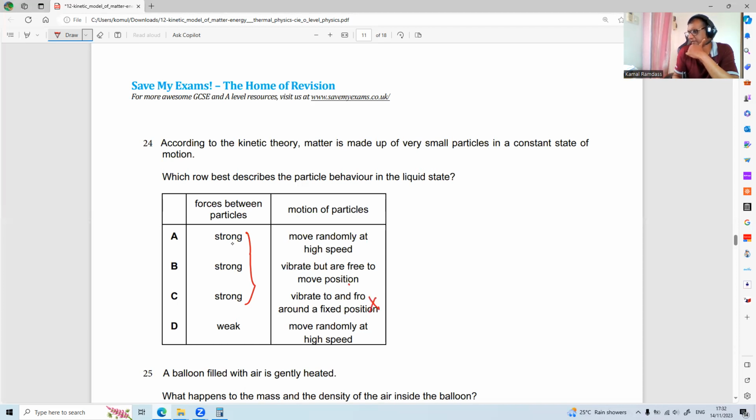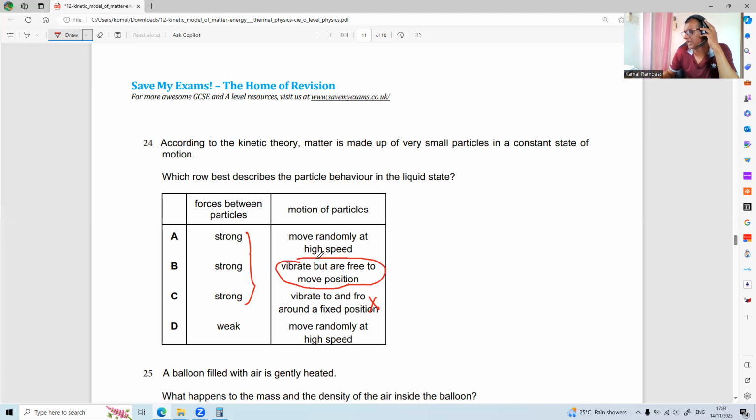Okay. Move randomly at high speed, and vibrate but are free to move position. OK?